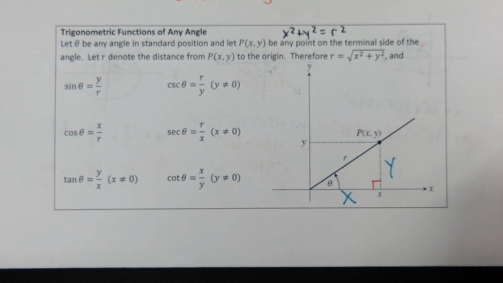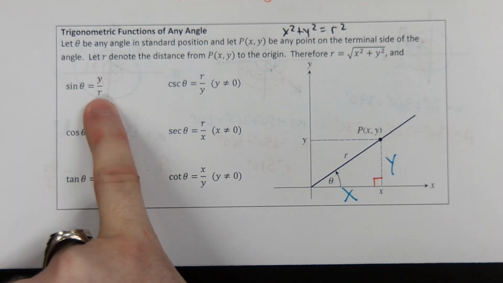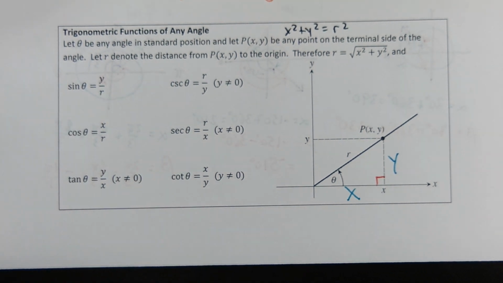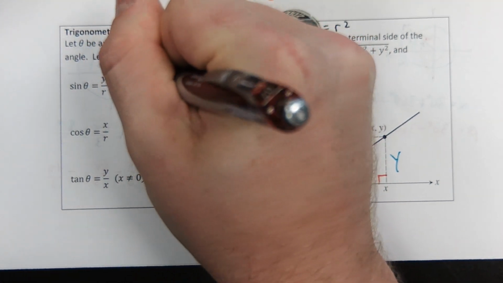We were in a generic xy plane. Here, r is any number. How do you get y by itself? Multiply by r. If you multiply both sides by r, what you're going to get is y equals r sine theta.